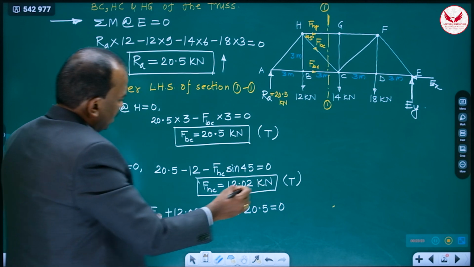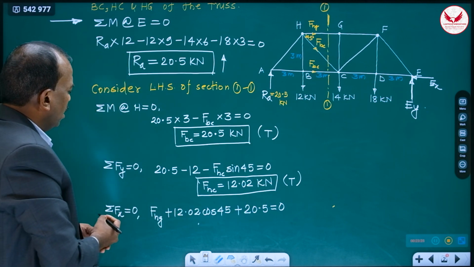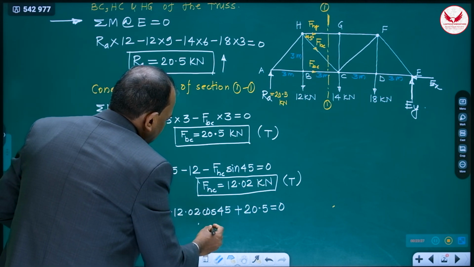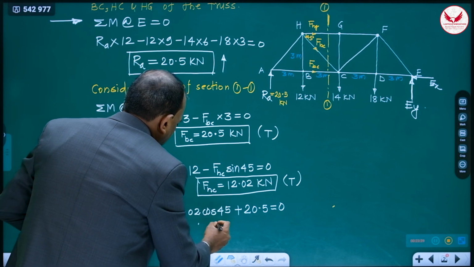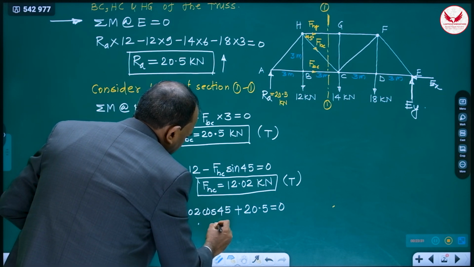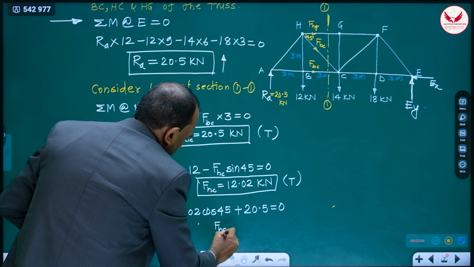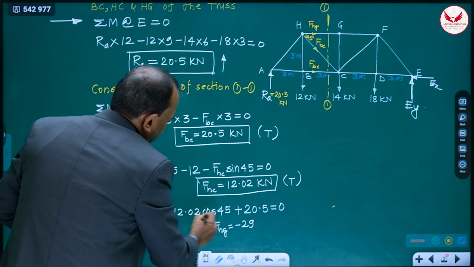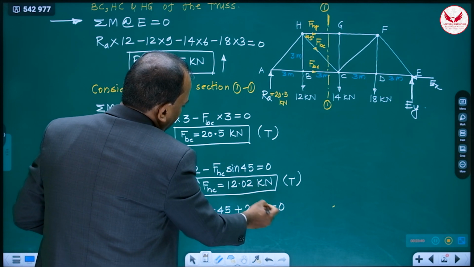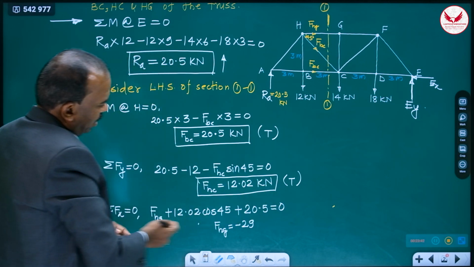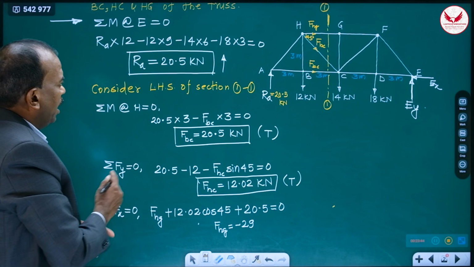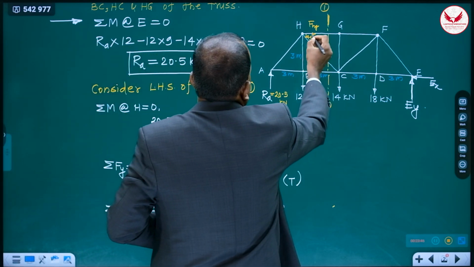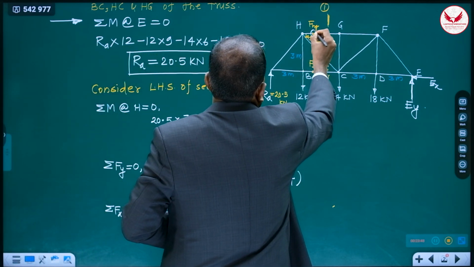And now all the plus terms are there, means answer is going to be negative. FHG is going to be, if we make these calculations, we'll get minus 29. Because this value is 8.5, this is 20.5, it is 29 on that side, minus 29. That means our assumed direction is wrong.